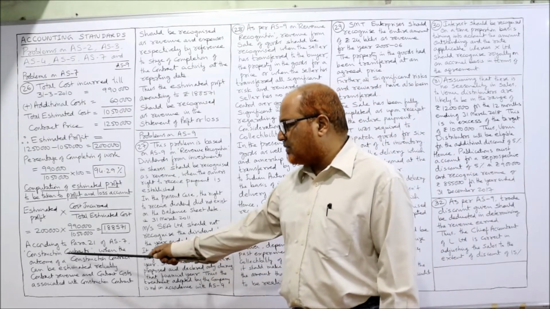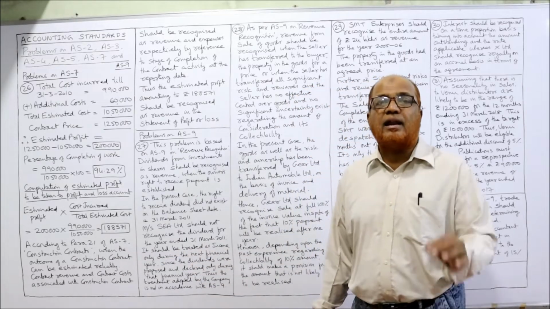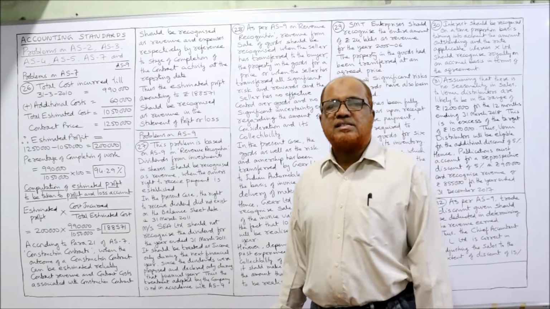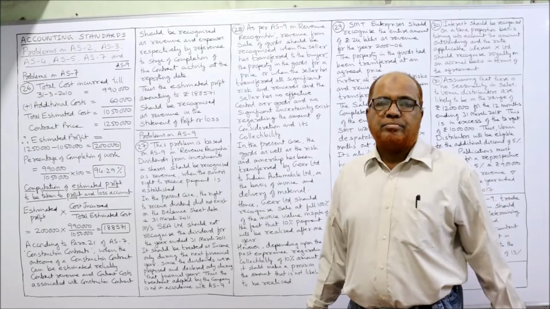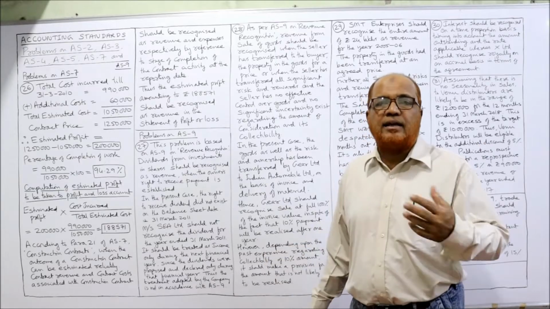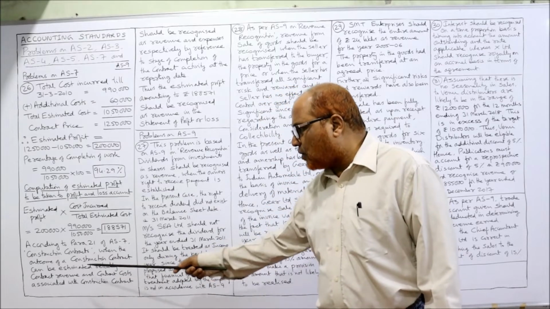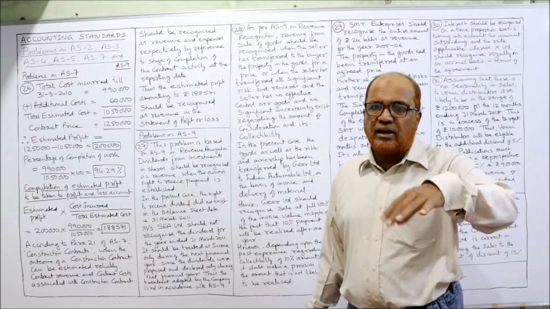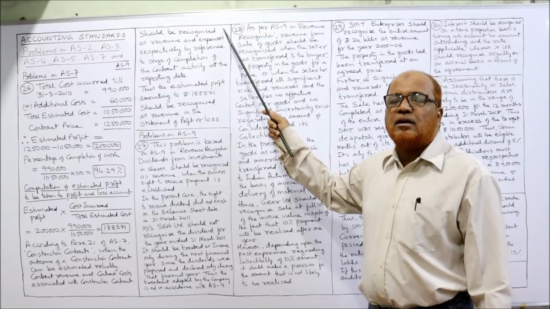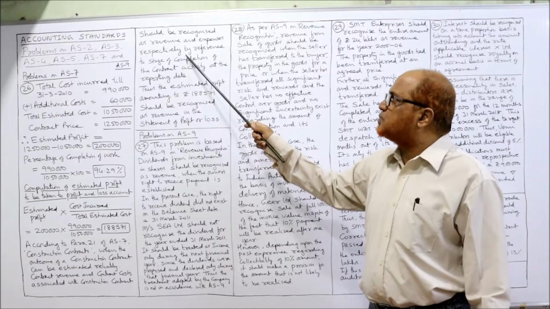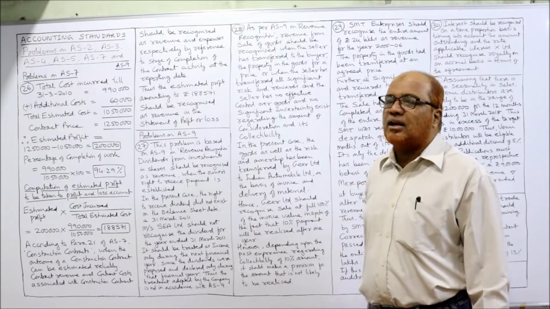According to para 21 of the AS7 construction contract, when the outcome of the construction contract can be ascertained, can be calculated reliably, the contractor is reliable in calculating the cost and revenue, then contract revenue and contract cost associated with the construction contract should be recognized as revenue and expenses respectively by reference to the stage of completion of contract activity at the reporting date.